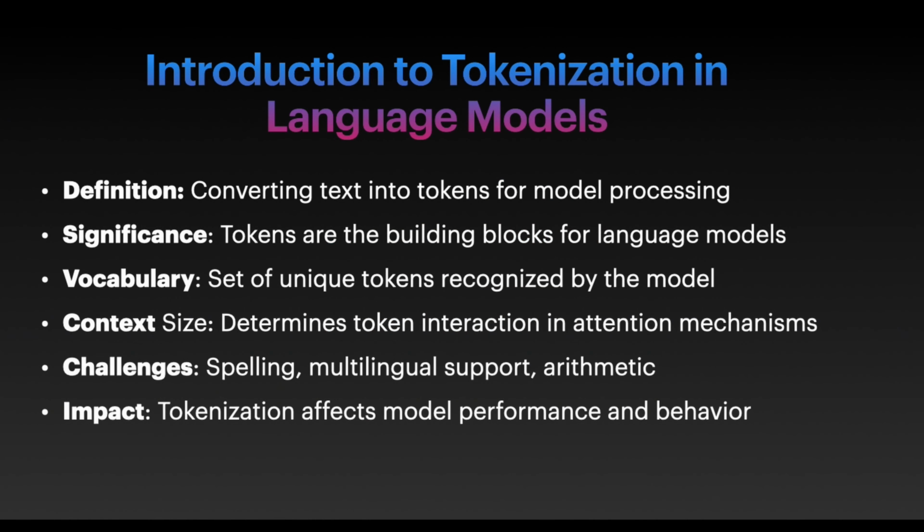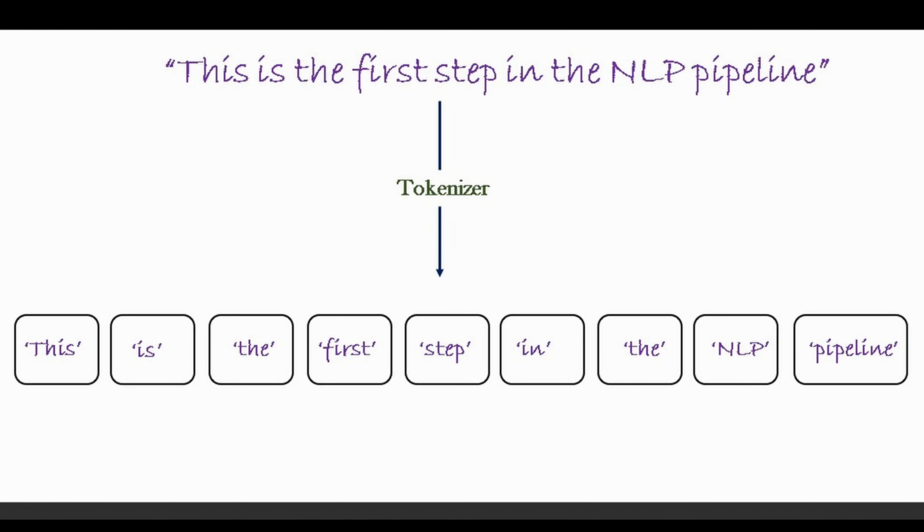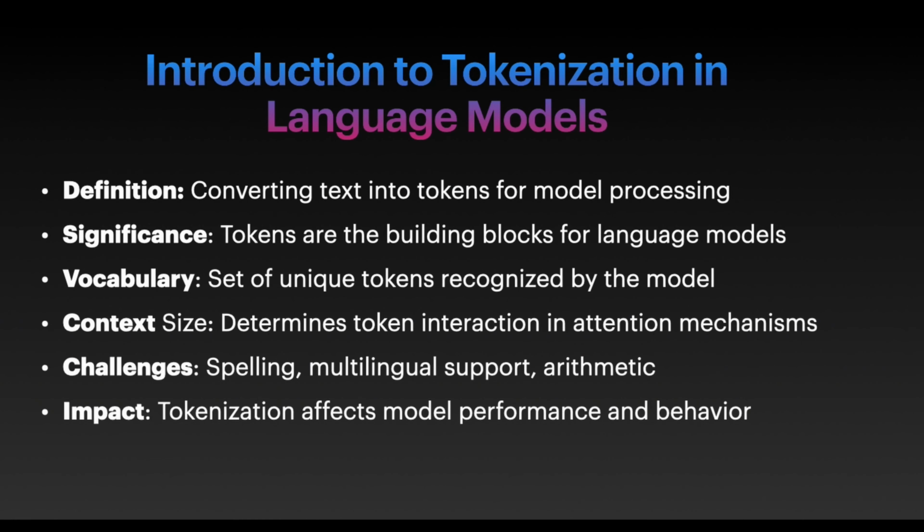The essence of tokenization is the key process by which we transform raw text into a format that language models can understand. Think of it as breaking down a sentence into individual building blocks. These blocks are called tokens. Tokens can represent whole words, subwords like prefixes or suffixes, or even individual characters.